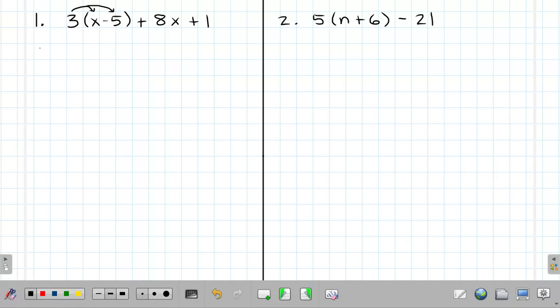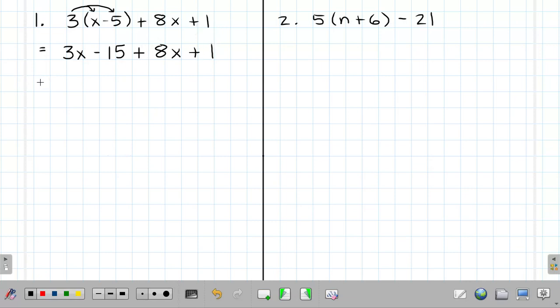So in this case, we're going to get 3 times x. That's 3x minus 3 times 5. I know that's 15, plus 8x plus 1. And notice what I don't distribute just drops straight down. So it's still plus 8x plus 1.